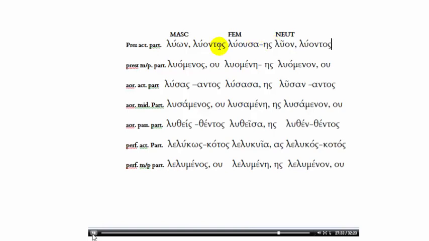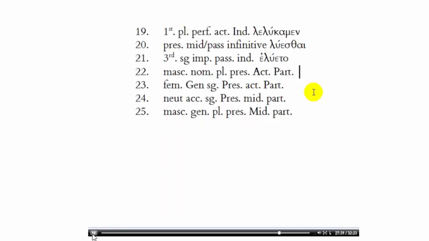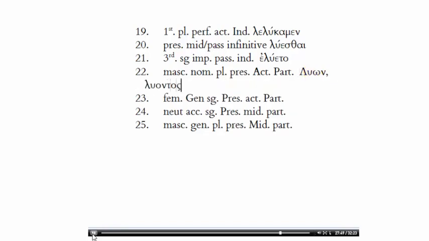What we want, I think, was a masculine, didn't we? Yes, masculine nominative plural present active participle. Well, again, let's just type out the basic here. Luon, luontos. We jumped down, but who cares? So what happens?